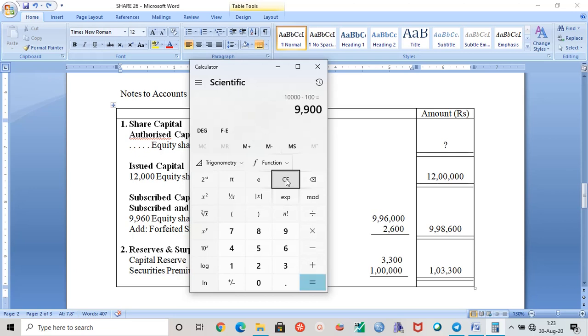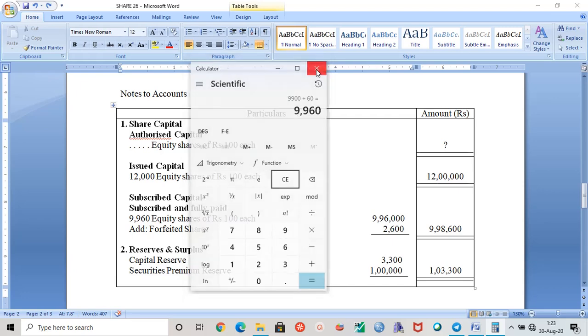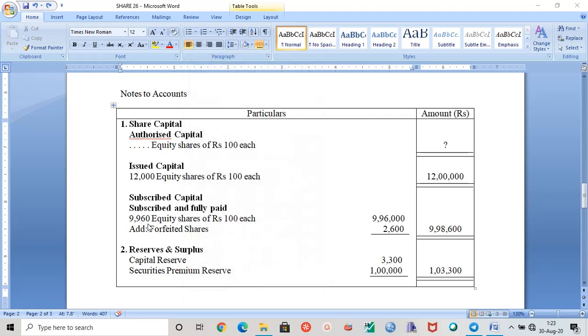Out of those 100 shares, we issued 60 shares. So what is the exact number of shares that we have in our hand? That is 9,960. So this is how you get 9,960. So 9,960 into 100 will be 9,96,000.